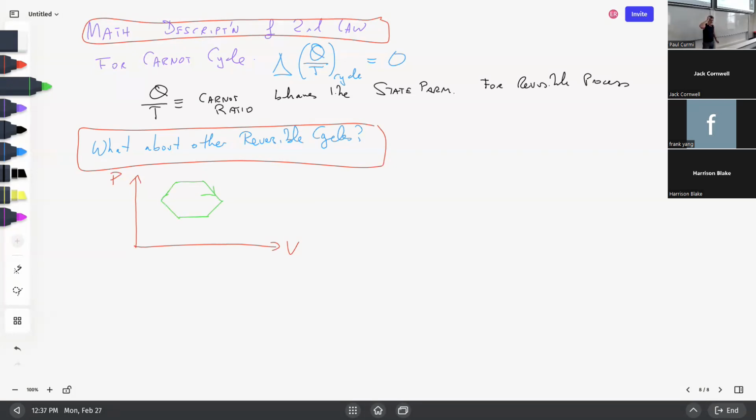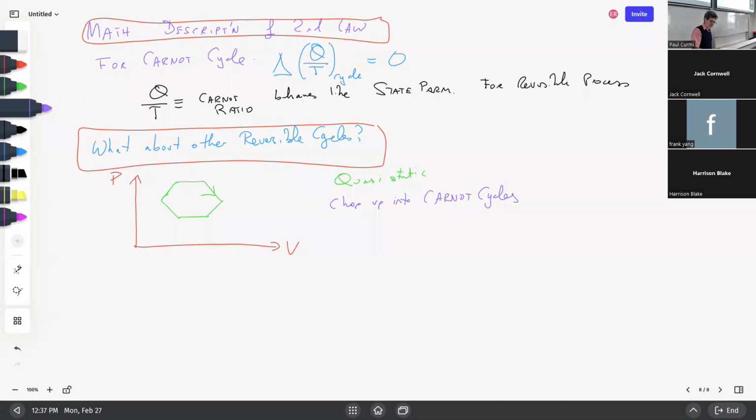I've got continuous lines. So what do I do with this thing? Well, it's quasi-static. All points are in equilibrium. I just chop it up into Carnot cycles. Okay, so how do I do that?